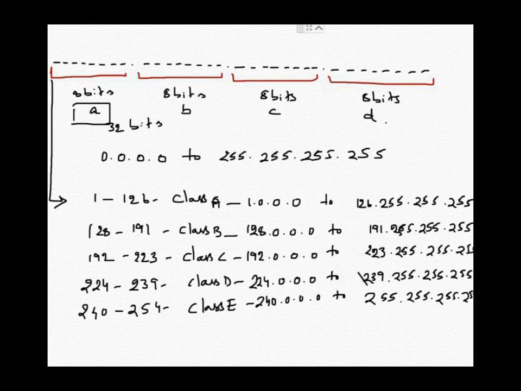This is the address range, and most of the time, in general, we use only class A to class C addresses, whereas class D is used for multicasting and class E is generally for experimental purposes.